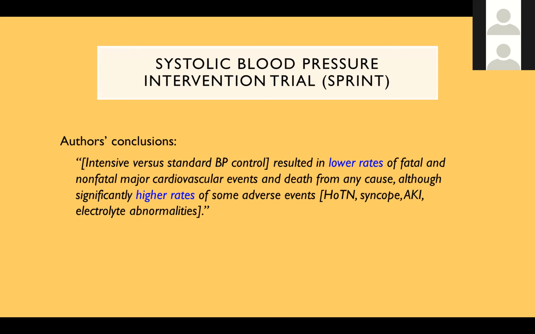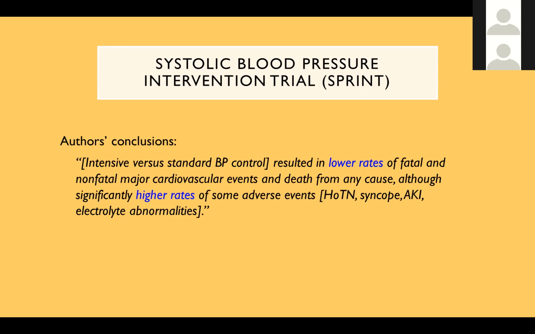Now, it came with adverse effects, of course, and the SPRINT study also acknowledged that within that intensive group there were higher rates of adverse events, specifically more episodes of hypotension, syncope, acute kidney injury, and electrolyte abnormalities, specifically either hyperkalemia or hyponatremia.